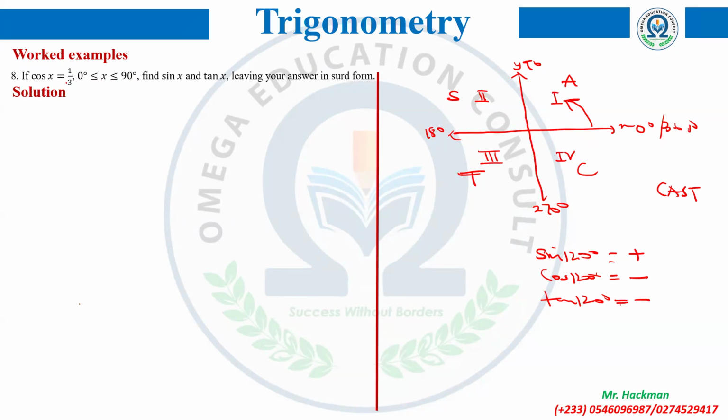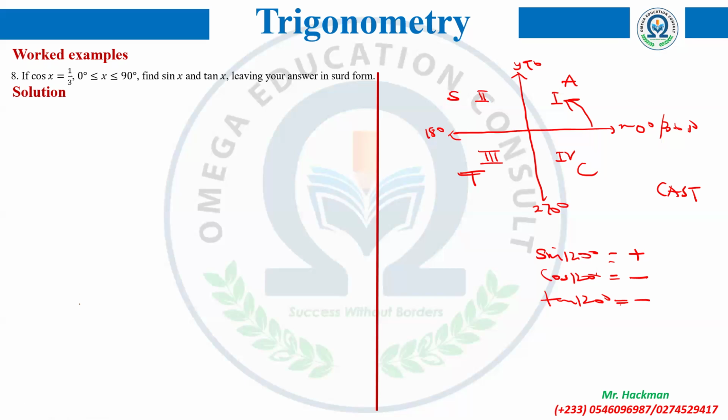Once cos of an angle is giving you a positive ratio, it means your angle is either in the first quadrant or in the fourth quadrant. Because it's in the first quadrant that your cos is positive, and in the fourth quadrant your cos will also be positive. But here we are told that it's in the first quadrant.